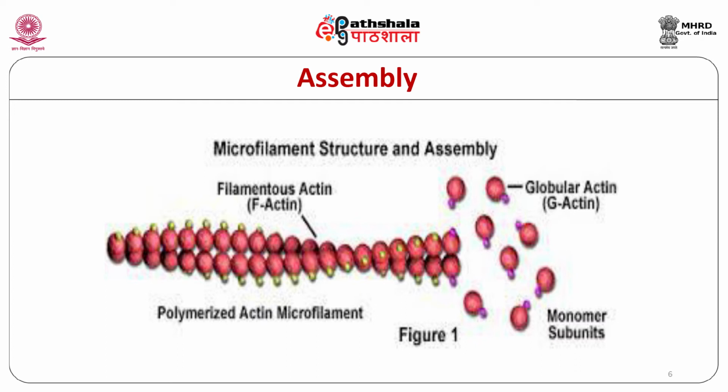To begin the assembly of an actin microfilament, 3 G-actin monomers must nucleate to form a trimer. This trimer is called a nucleus. From this starting point, G-actin monomers which have bound ATP begin to polymerize onto both sides of the nucleus.